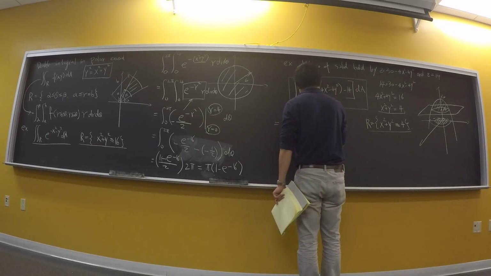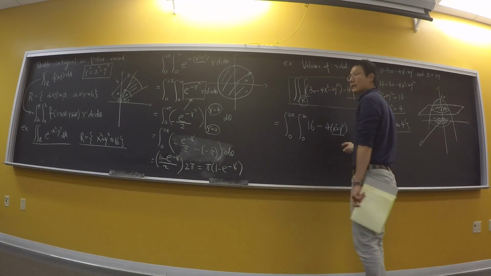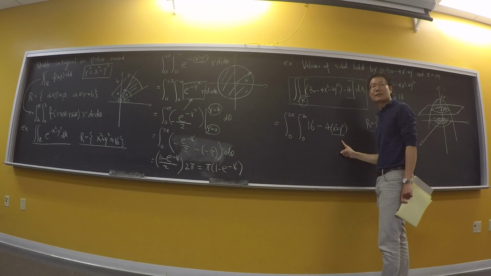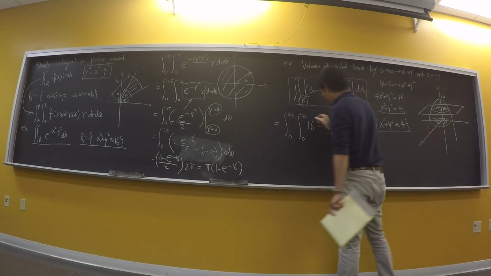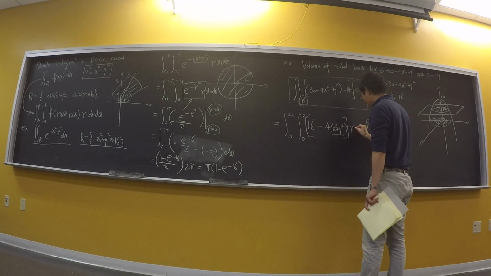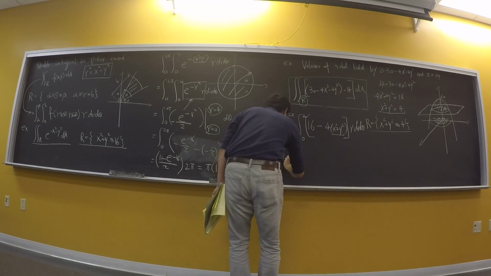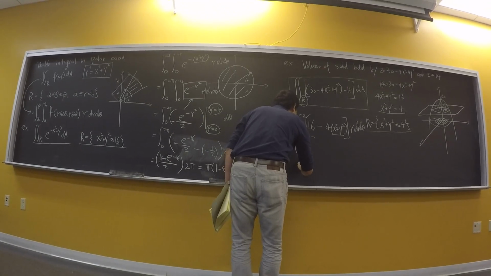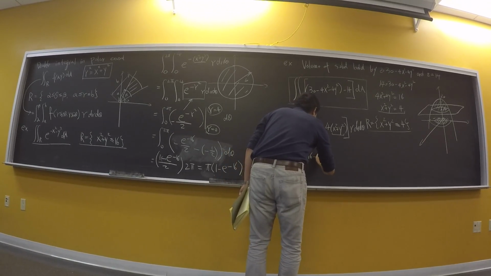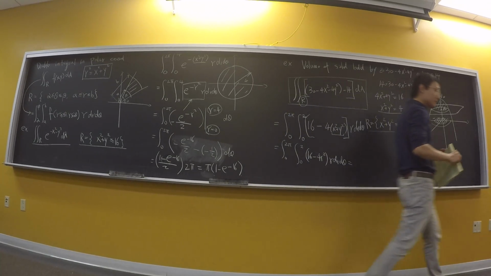So this is 16 minus 4 times x squared plus y squared, which in this case, I'm going to see r squared again, right? But never forget about this extra factor r coming out, dr dθ. So in the end, I'm taking the integral from 0 to 2 pi, 0 to 2, of 16 minus 4r squared, times r dr dθ.